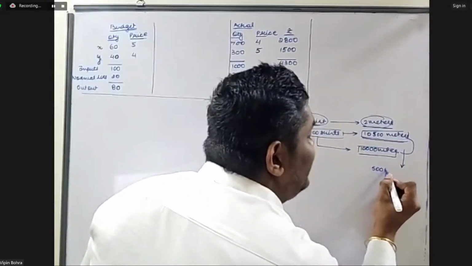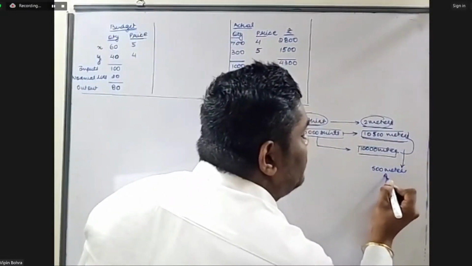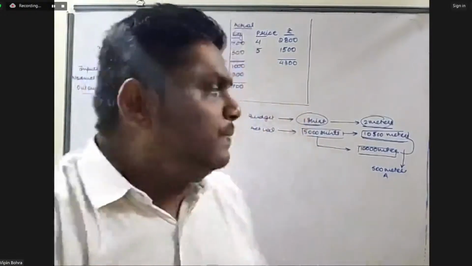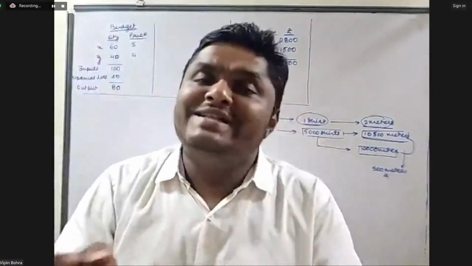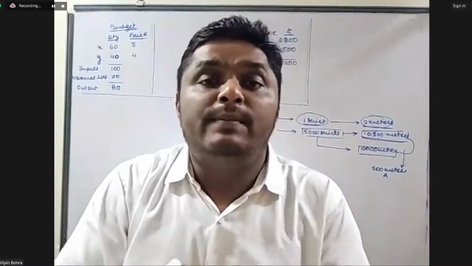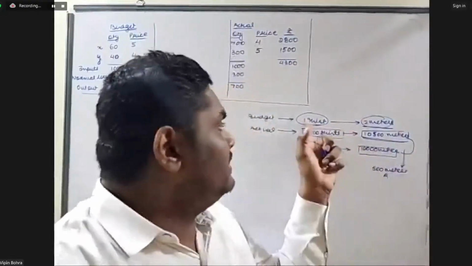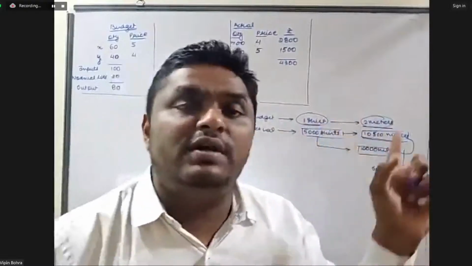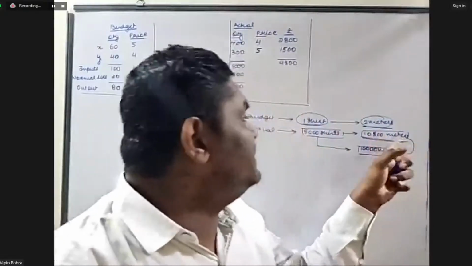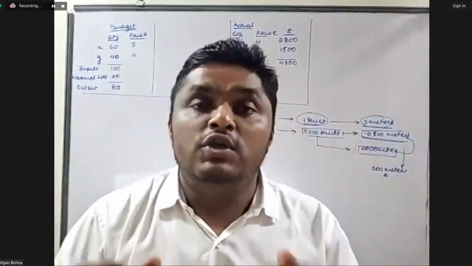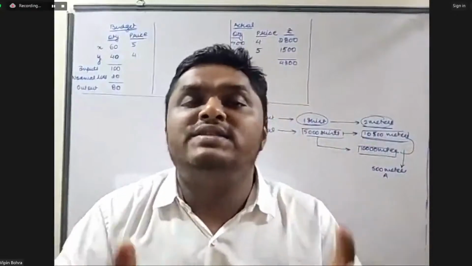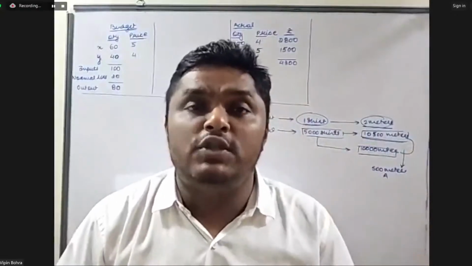So we consumed 500 meters extra, so we can call it adverse for the company. Are 2 meters and 10,500 meters comparable? No. Why? Because the output is different. For 2 meters, the output is one shirt, and for 10,500 meters, the output is 5,000 shirts. So we cannot compare these two data because their output is not the same.